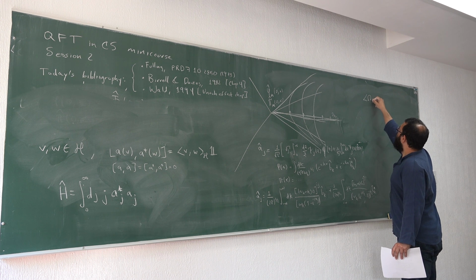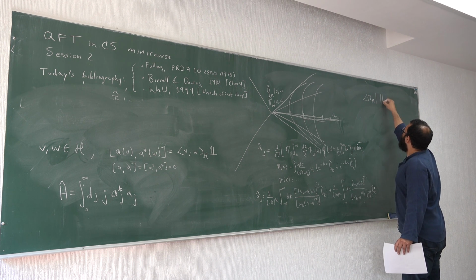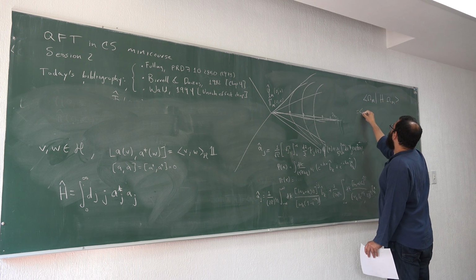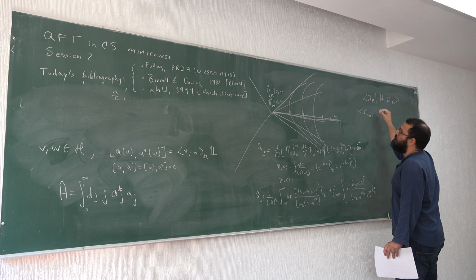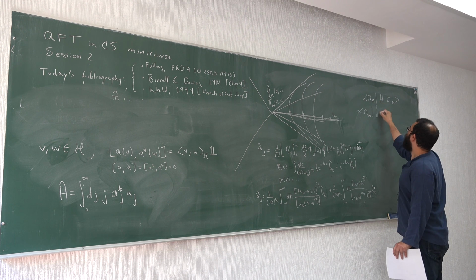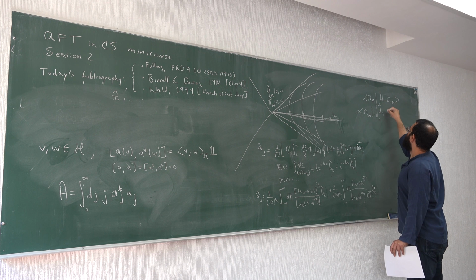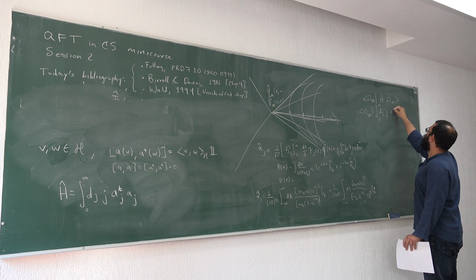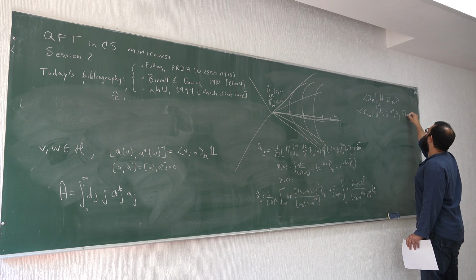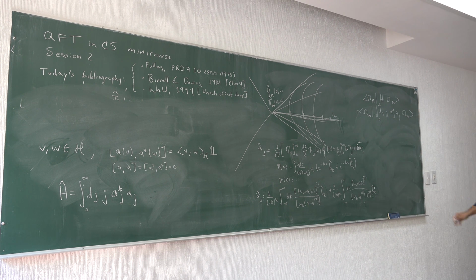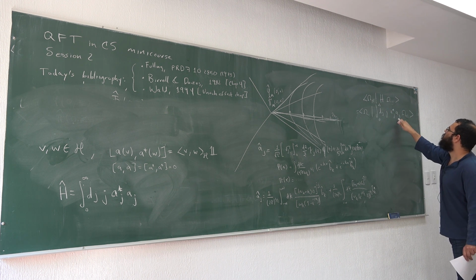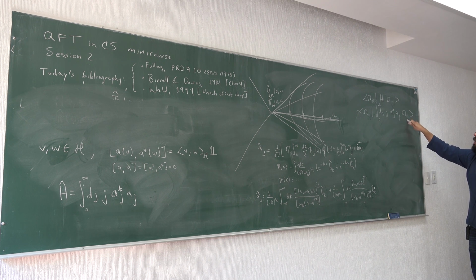And do the following. Integral dj from 0 to infinity, j aj star. So if we use the vacuum of our theory, this is 0 because it's just annihilation operators acting on the vacuum give you 0.